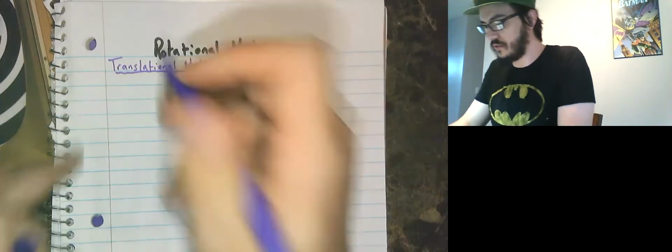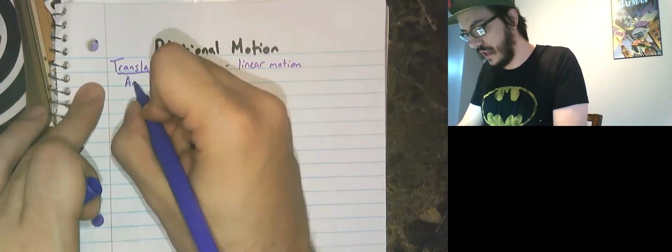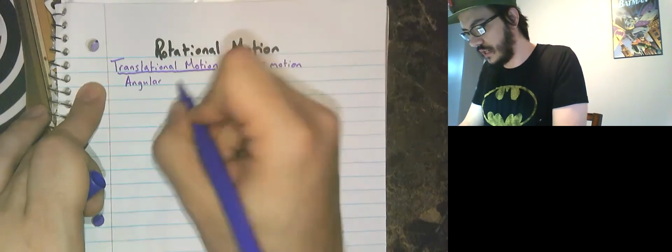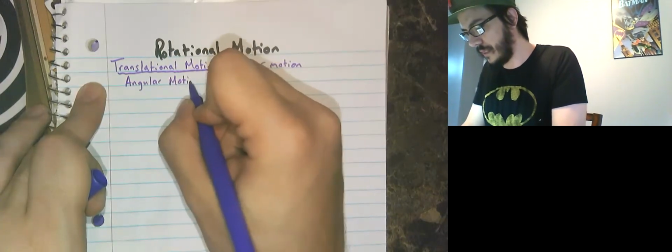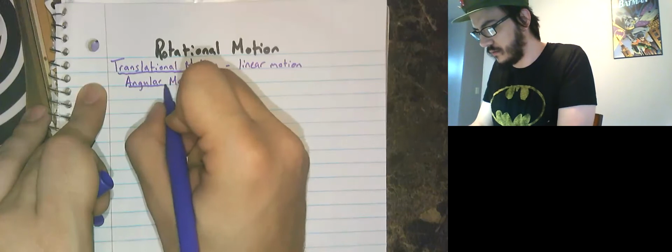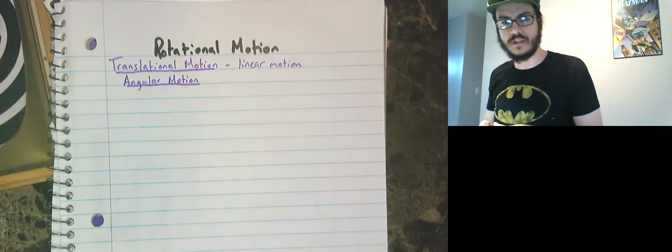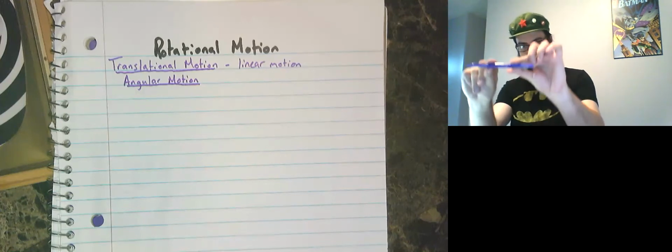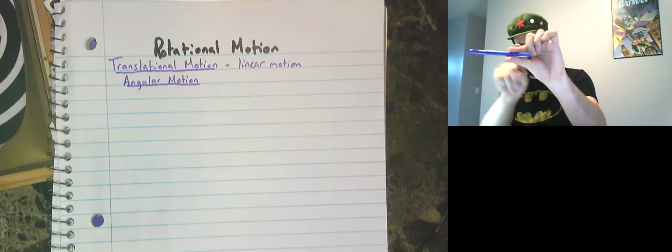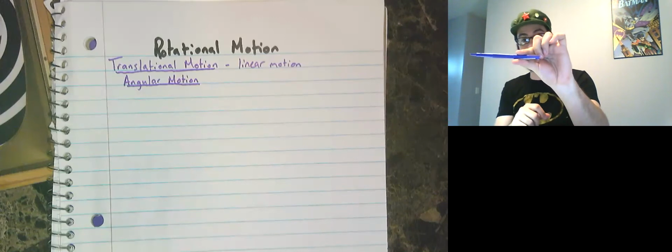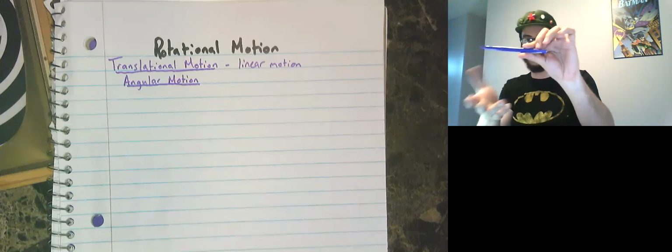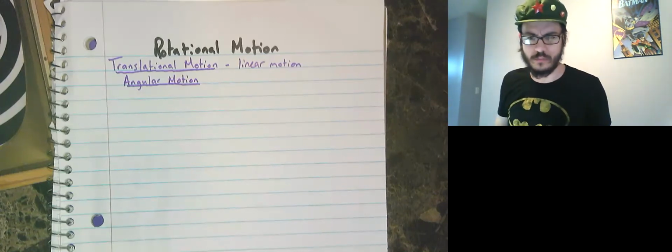So translational is linear, whereas angular or rotational motion should be relatively apparent why you would also call it angular motion, because there is no angle when you move in a line. I guess unless you have like an outside reference point.